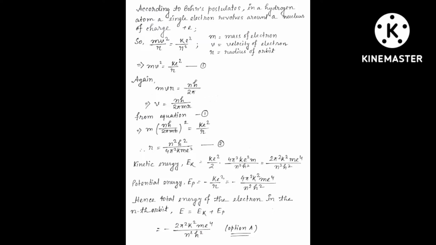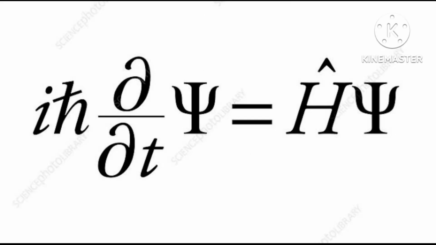After this step, finally they have made it very short. The sum of del square psi by del x square, del y square and del z square is considered as delta square, just like a triangle, delta square.